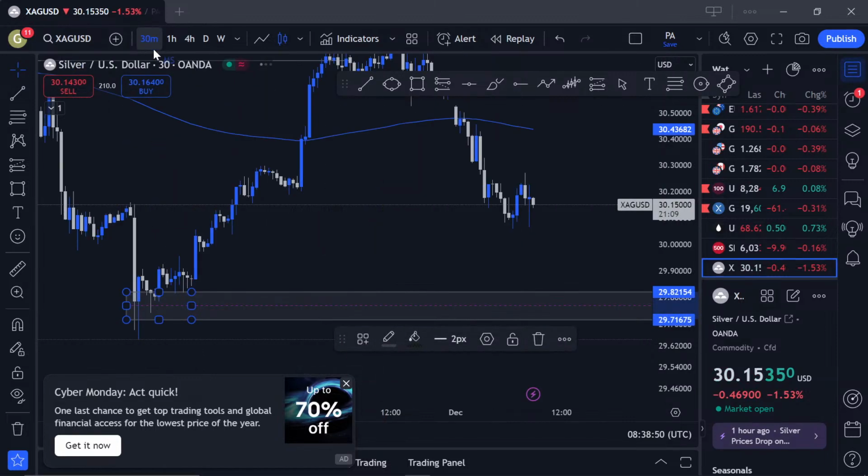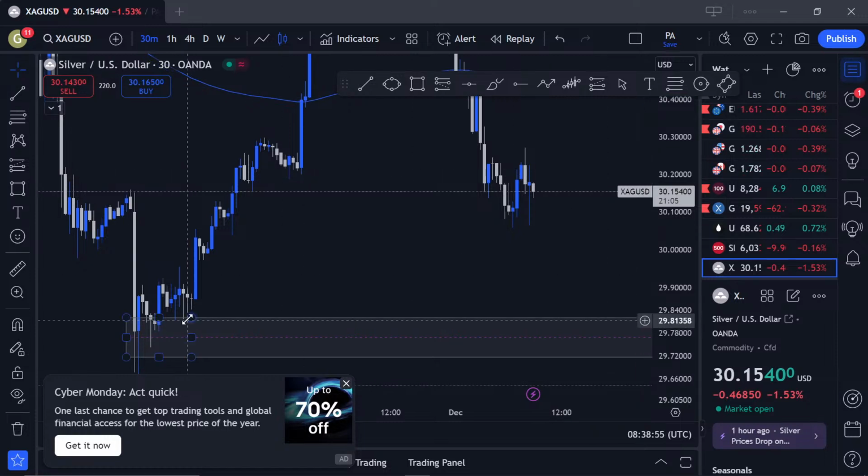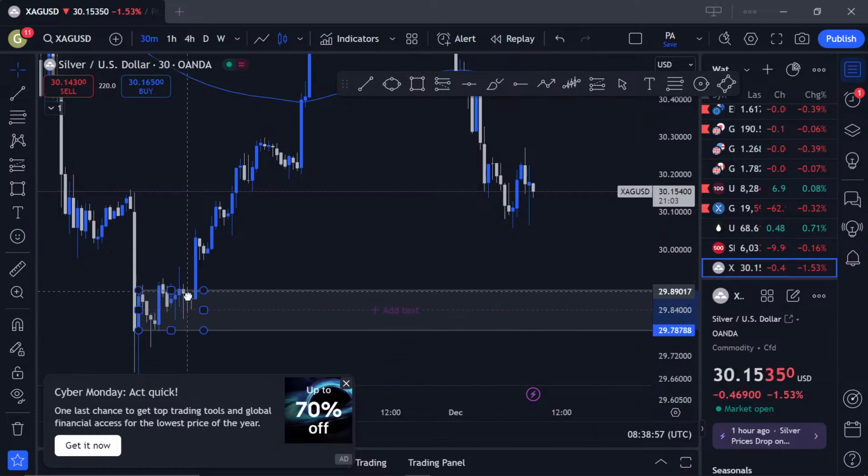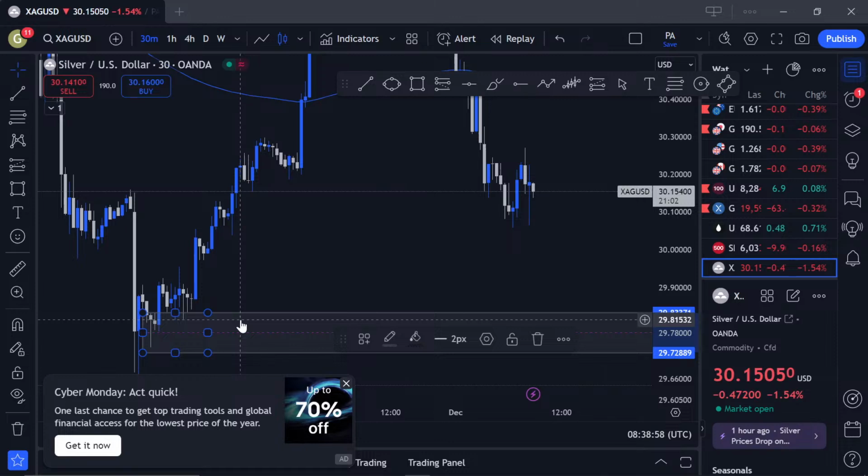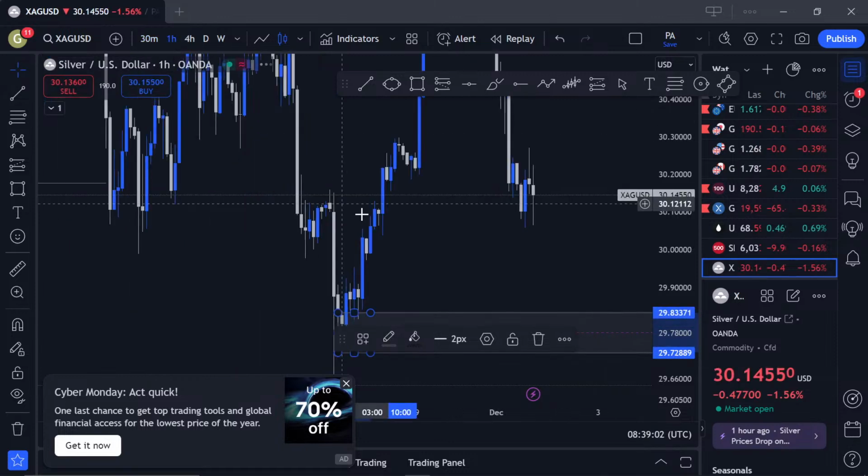Let me just go back to the 30-minute. So on the 30 minutes, it's clear that what we have is a range supply. I mean a range demand right here. So for that, we can stick to the hourly level.